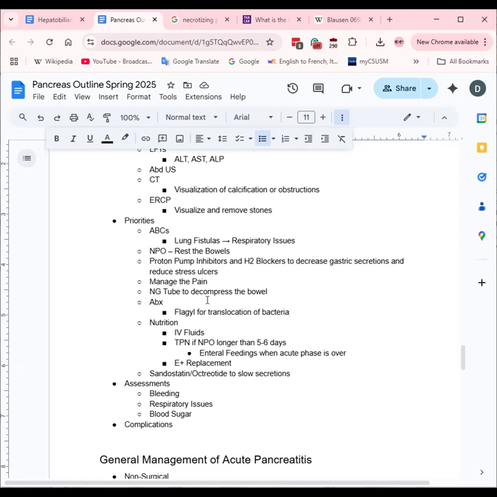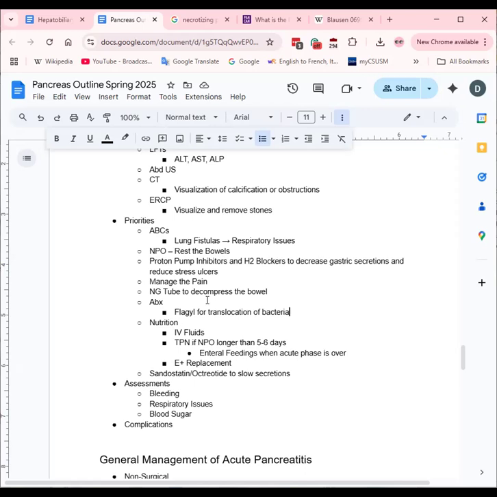If they're NPO for too long, they'll need TPN, which you guys know all about now. And they'll probably have issues with their electrolytes, so they'll need electrolyte replacement, or at least the management of it. And remember, your calcium will be decreased. Your potassium will probably be on its way down because they're not getting any food.